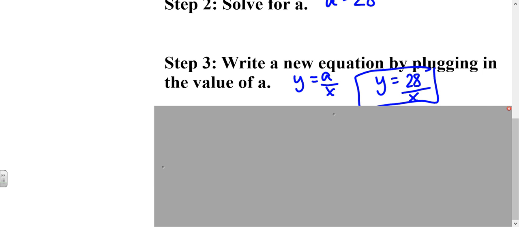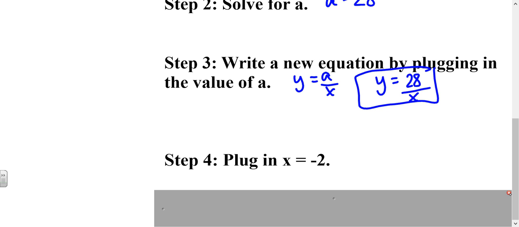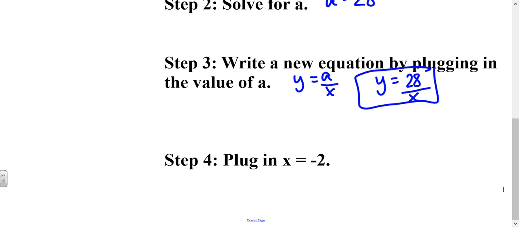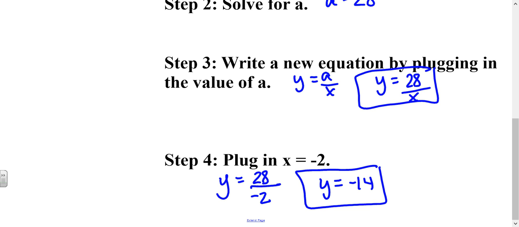Using the equation that we just wrote, we plug in x equals negative 2 and find the value of y. So we get y equals 28 divided by negative 2, so y equals negative 14. For all of these problems on your homework, you will have two answers. You will have an equation using x and y, and you will have a value for y, most likely.